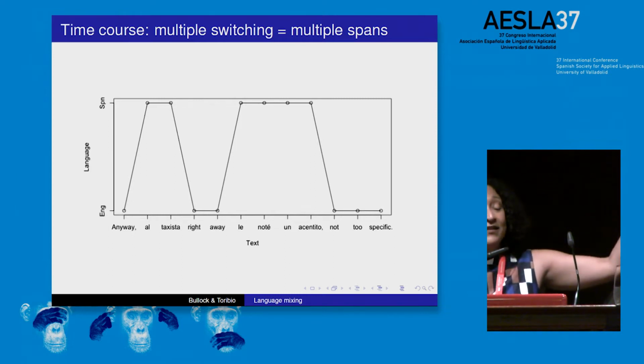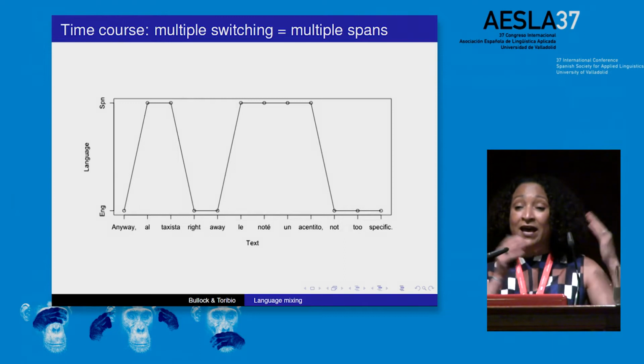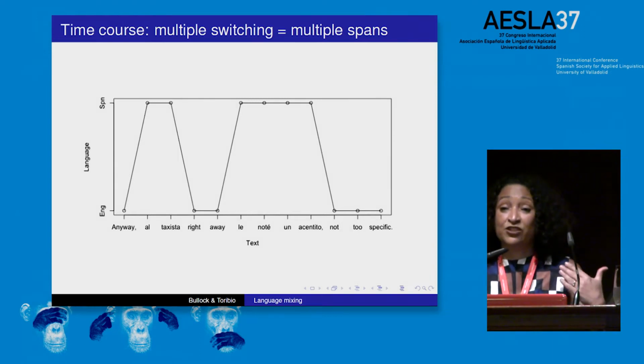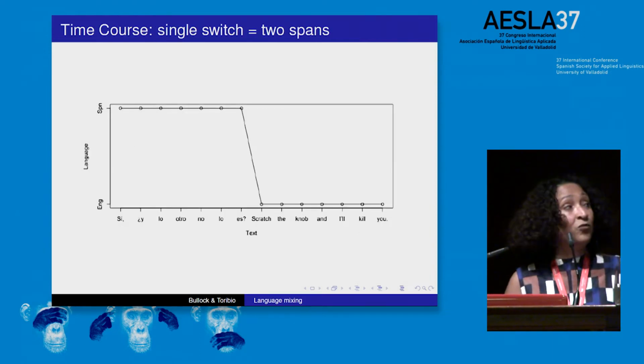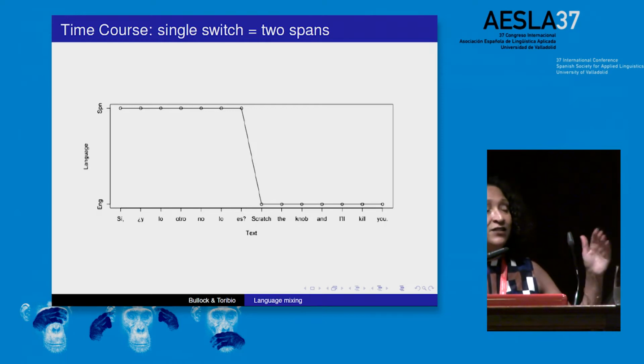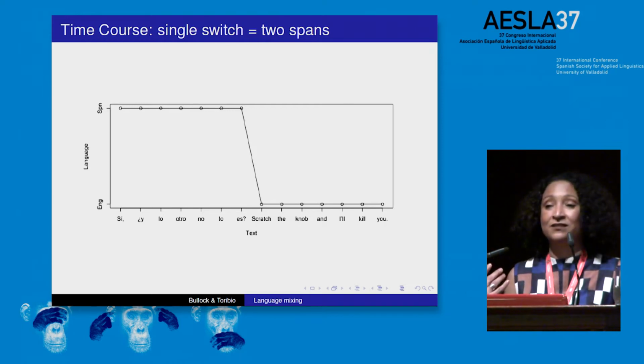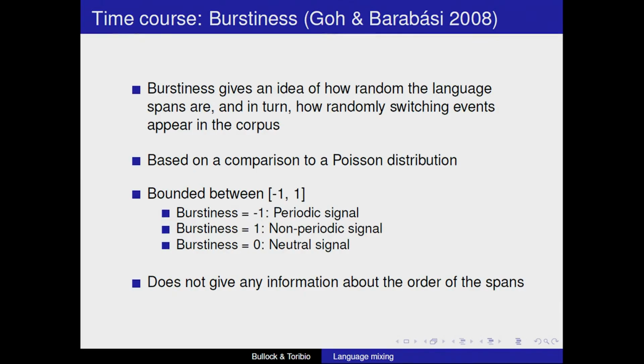So here you can see the language identification and the different spans that the switches induce. Whereas for the second sentence, you have only 2 spans. There's only a single switch.